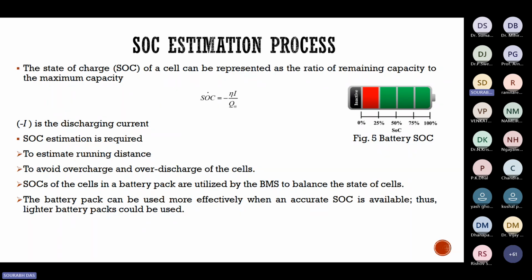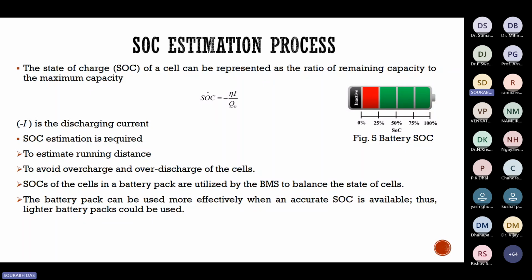The formula of the SOC is SOC dot equals minus eta I by Qn, where I is the discharging current and Qn is the rated capacity. Why is this SOC required? SOC is required for estimating the running distance in EVs.